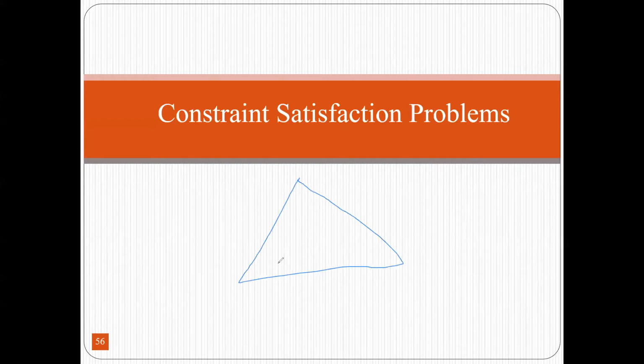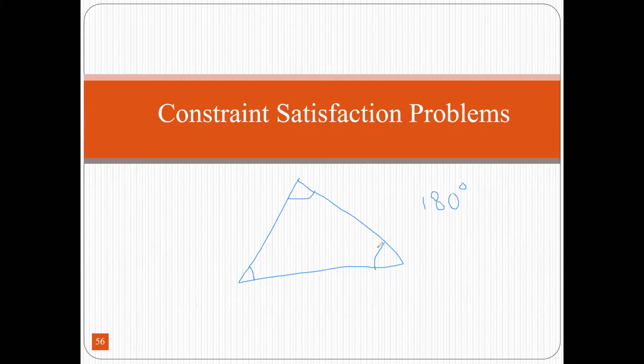This is a constraint, that the sum of all three angles should be 180 degrees. But we have been given only this angle as 60. Then we have to find the solution to this problem by identifying the other two angles. That can be a constraint satisfaction.